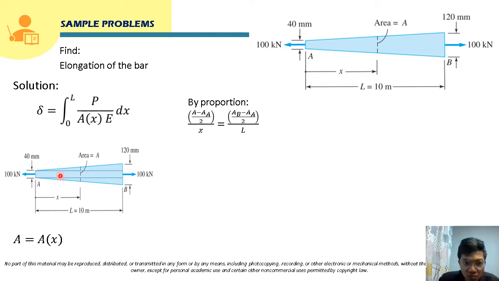That will be divided by 2 to solve for this, over its total length, or the base of the triangle, which is L. We will substitute this later, this length, which is 10 meter, but here let's just say that this is L. So by proportion, this is equal to the height of this smaller triangle here.